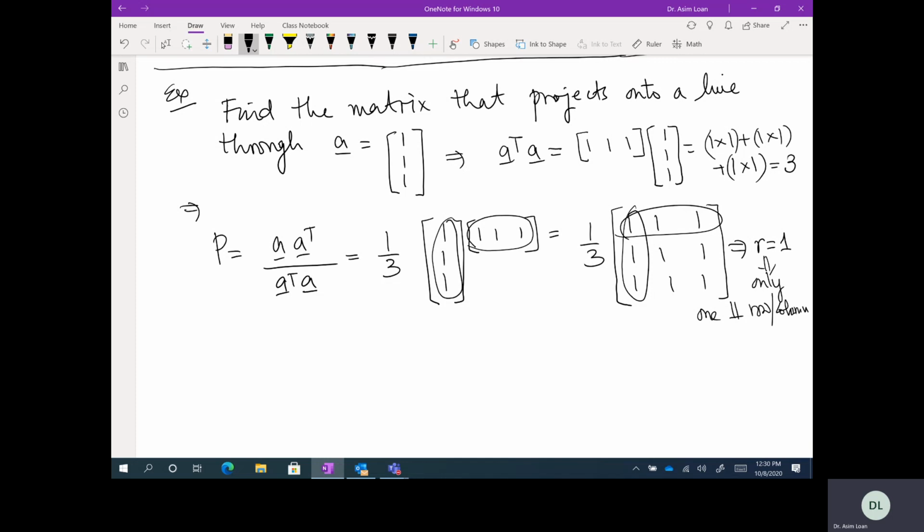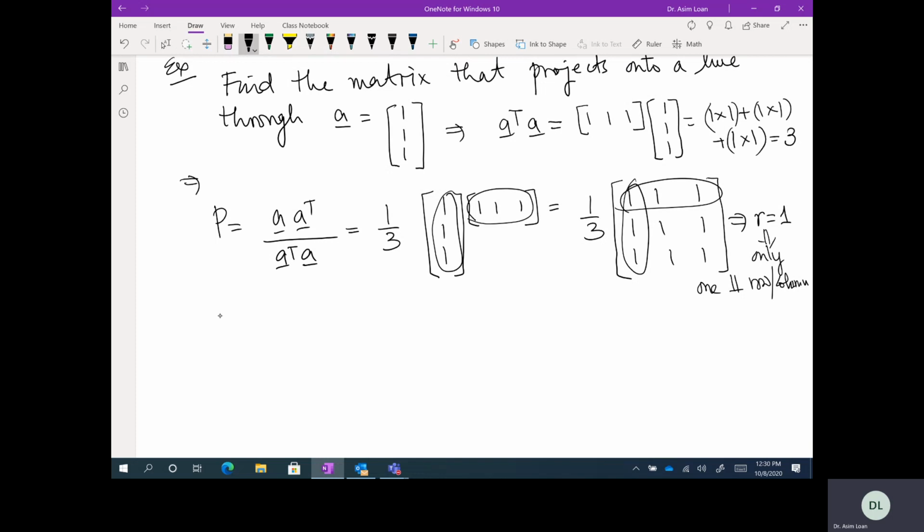Okay, good. Also note, P square is equal to P. And why is that?